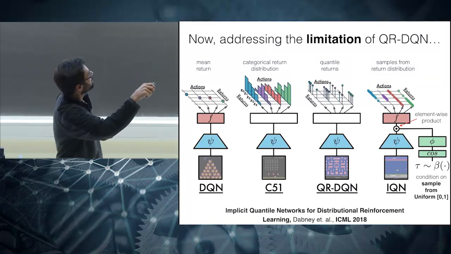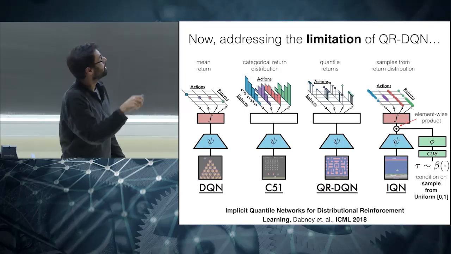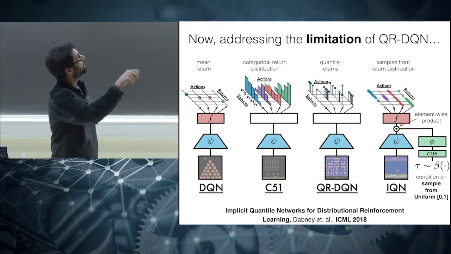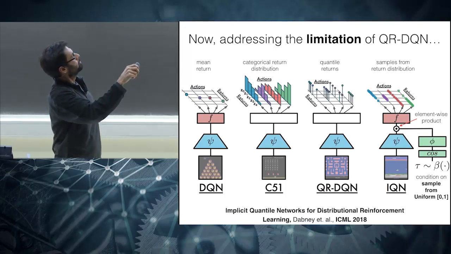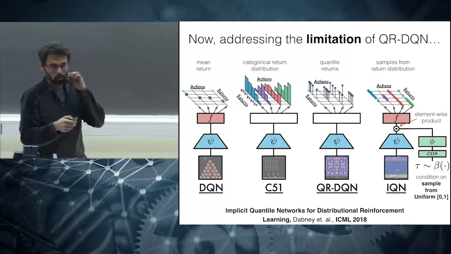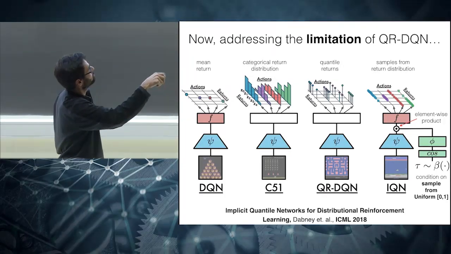And the output is basically integrated into this network. And so given, say, 0.5, you will get a value for all the actions. And now you can actually sample from this network.